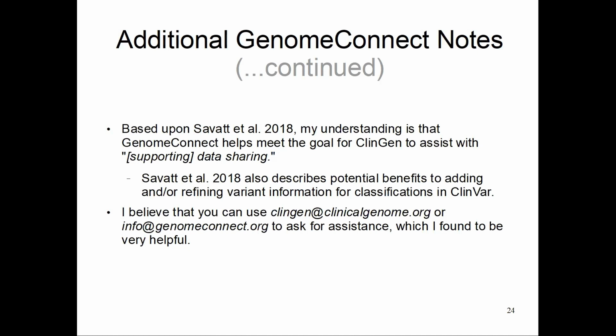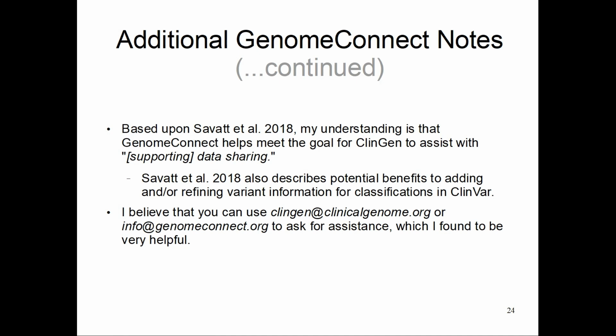And if you're familiar with publications, there's a publication that describes ClinGen and GenomeConnect. Within that publication, they say that GenomeConnect is meant to help the goal of ClinGen to assist with supporting data sharing. And this is exactly what I was looking for, something from the NIH to support data sharing. Now, I was doing it in a completely public way, and the way they're doing it is different, but it's also good to learn about the other possible ways that you can participate in data sharing. It also describes more about what it can do to help the community.